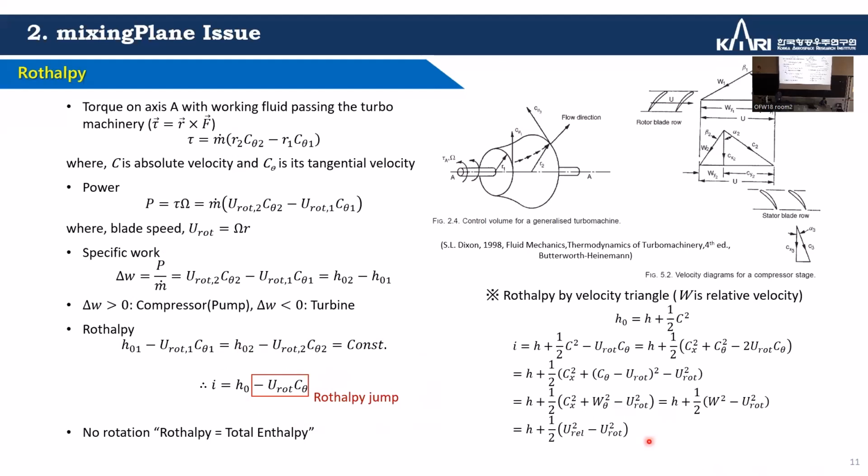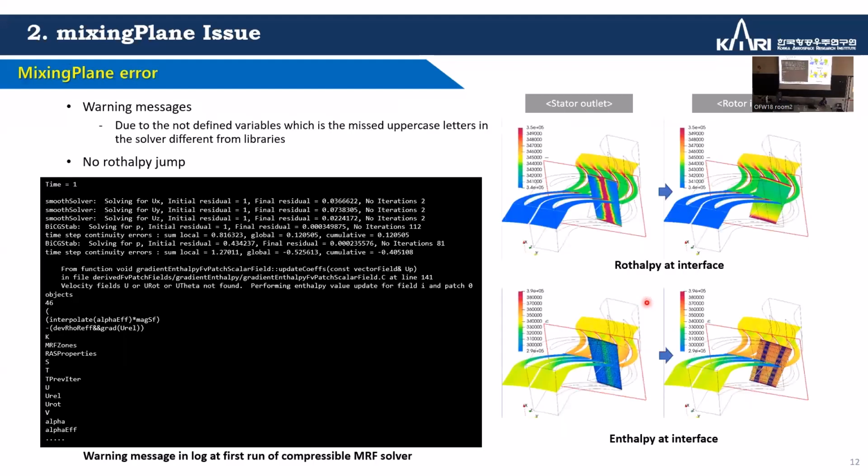And there is another definition of rothalpy using the velocity triangle. So you should remember this. If you use the mixing plane, after the first installation of foam-extend, you can meet a warning message here.